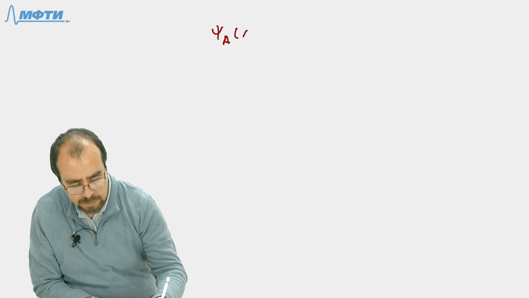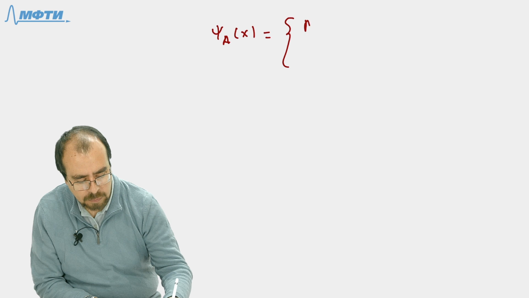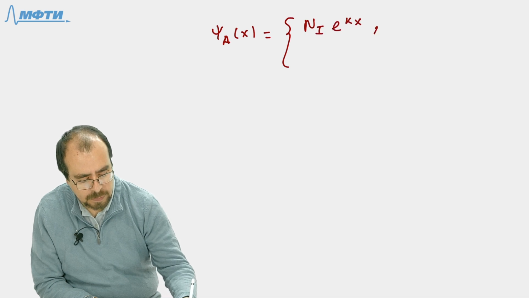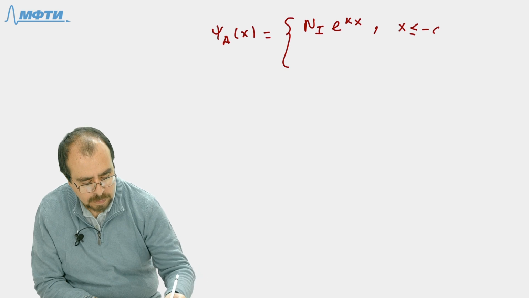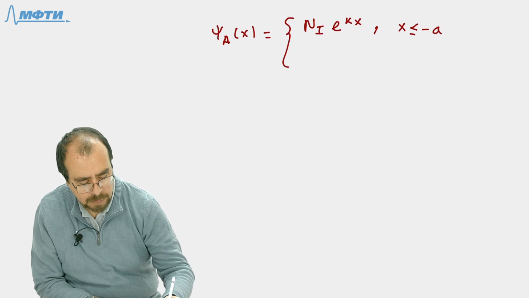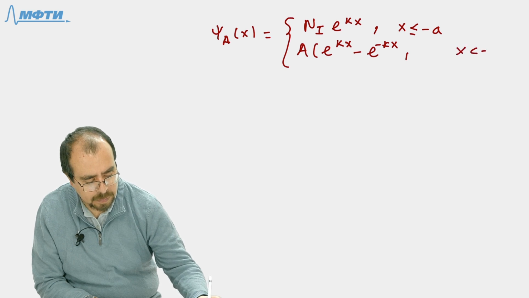we have that psi of x will be equal to n1 exponential of kx for x smaller or equal to minus a. Then a times e to the kx minus e to the minus kx for the region in between, larger than minus a, or smaller than a.